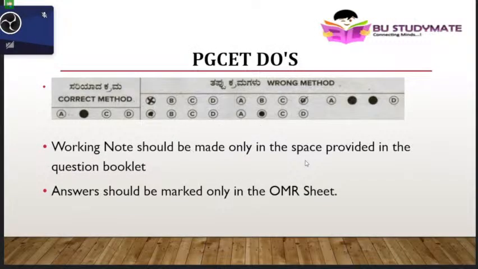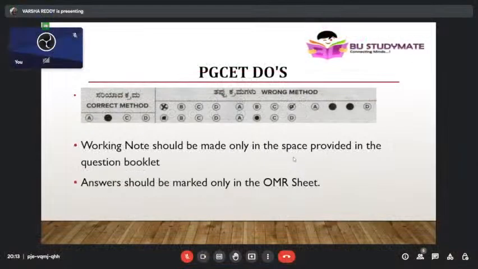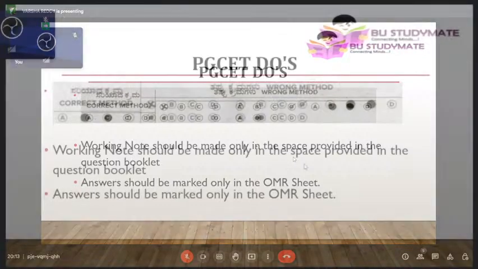The second important thing is that you have different sections. Some sections include quantitative and working skills. In that case, you shouldn't work it out on your OMR sheet, because the OMR sheet should only include your answers, that is, whatever is shown in that picture. Only that should be there on the OMR sheet.